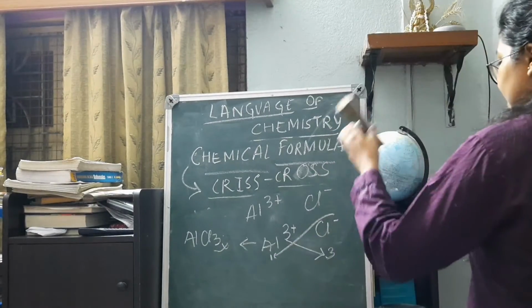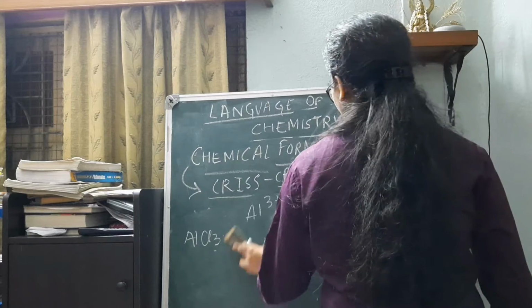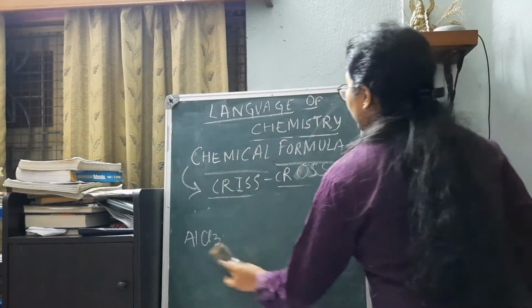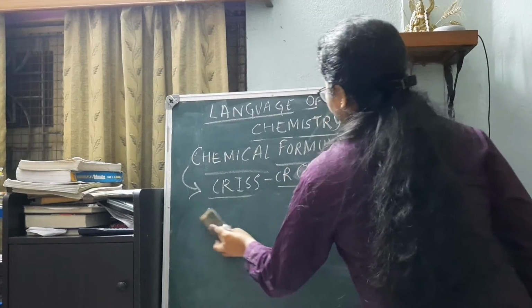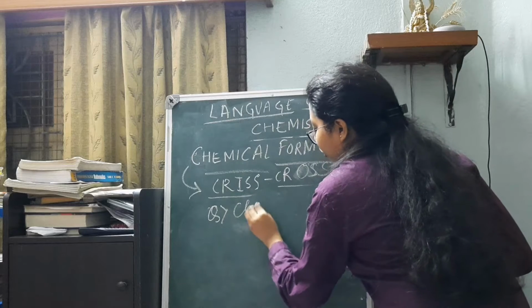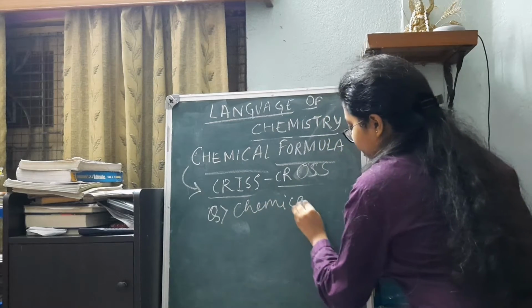Okay. Then moving forward to one more question. Write the chemical formula of aluminium sulfate. The question is chemical formula of aluminium sulfate.